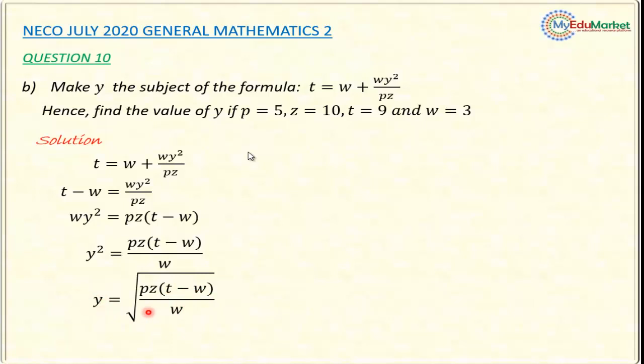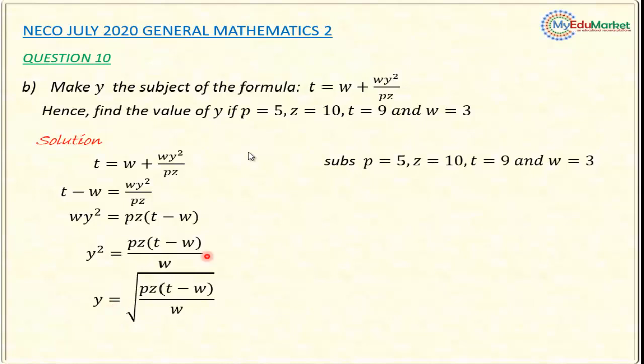So I will now move on and find the value of y when p is 5, z is 10, t is 9, and w equals 3. I'm going to substitute all those values to find my y.